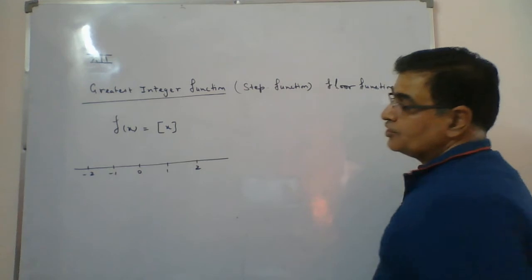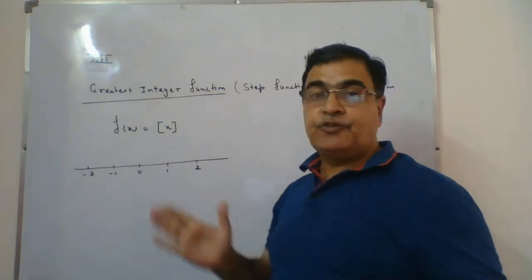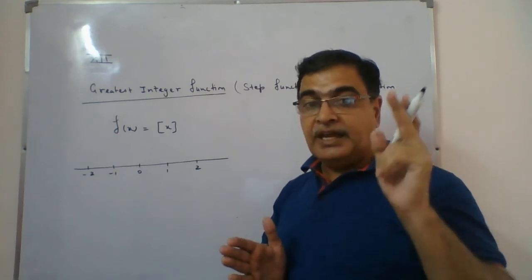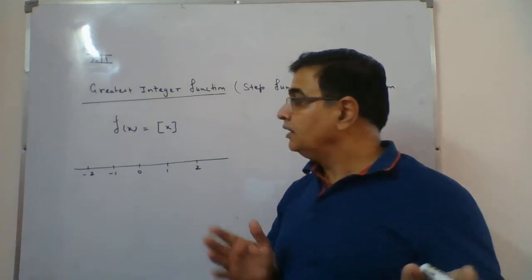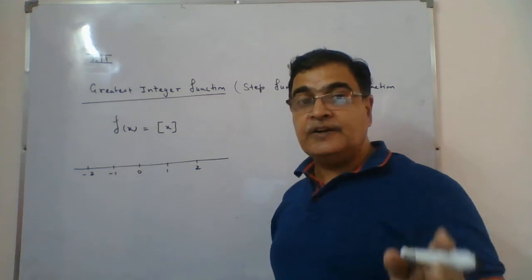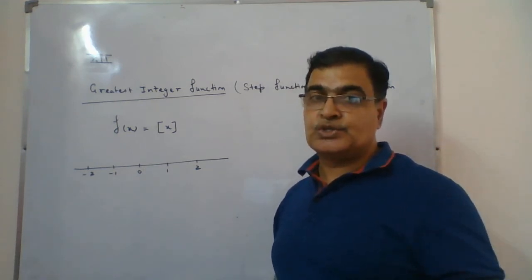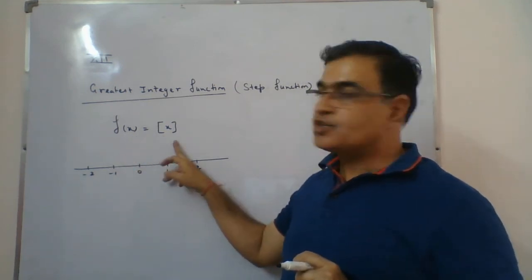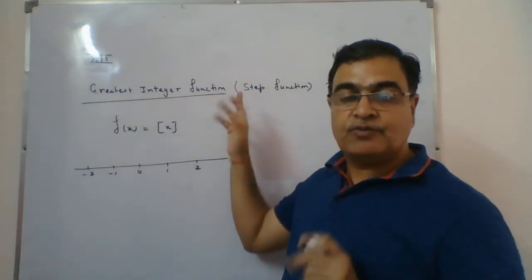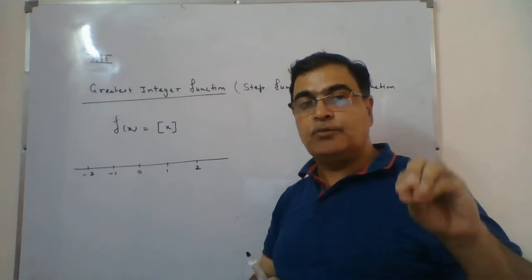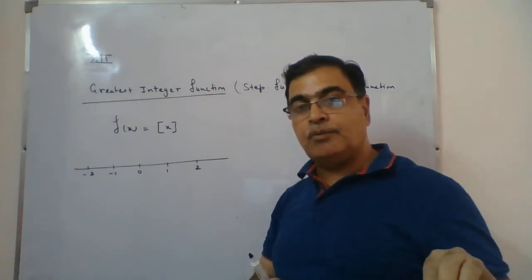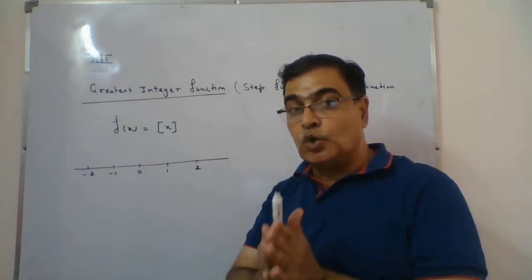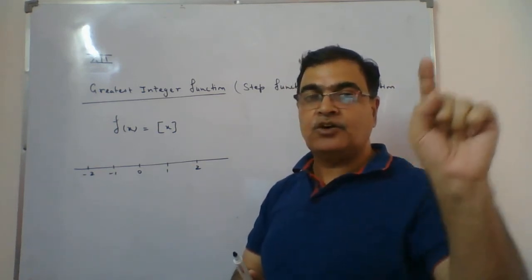What this function says, this function is defined in such a way that whatever real number you are taking, whatever the greatest integer it includes will be my answer. I repeat it. Whatever real number you take, whatever the maximum or the greatest integer included in that real number will be the answer of this function.